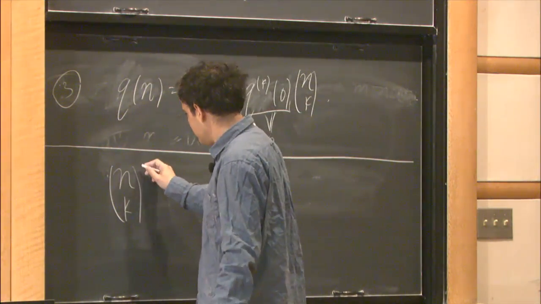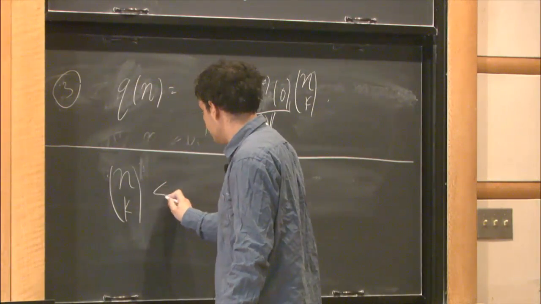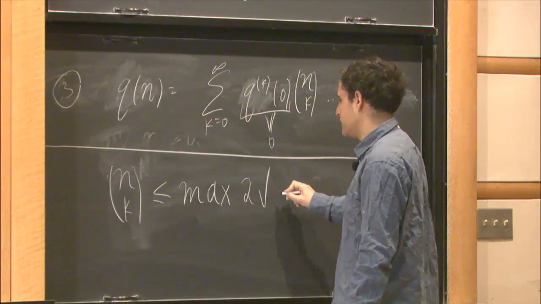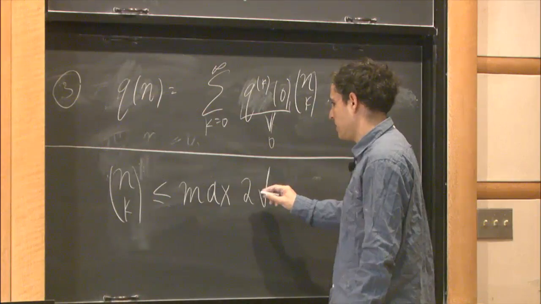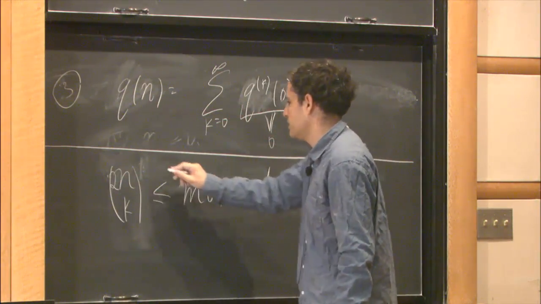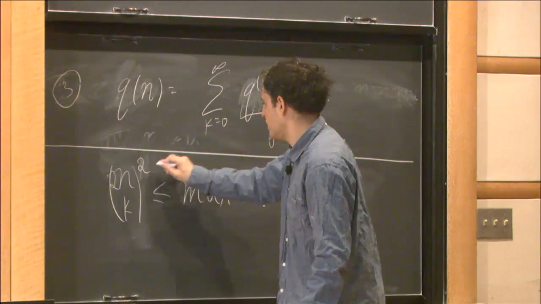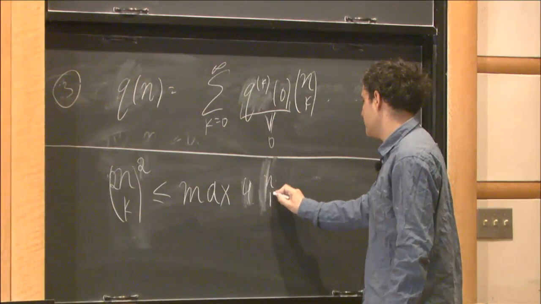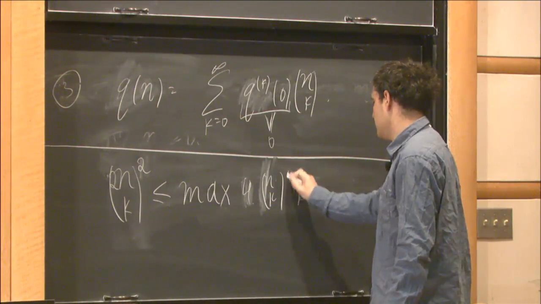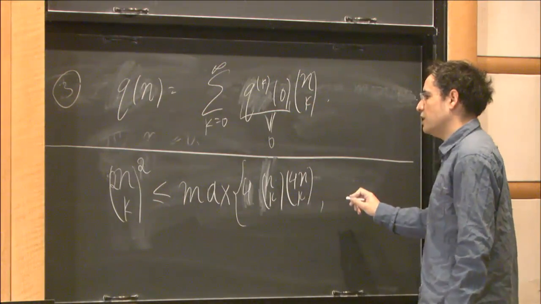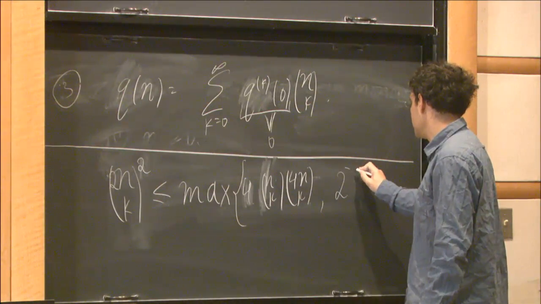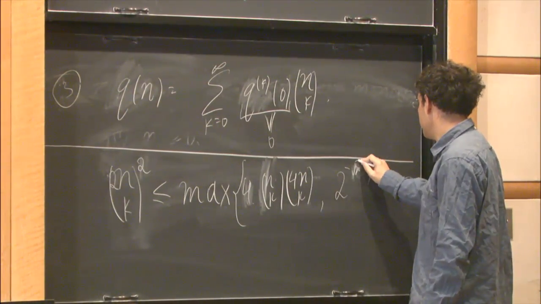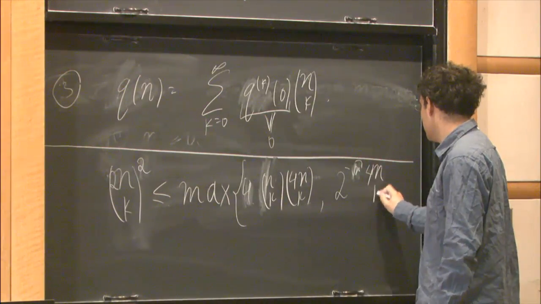One can check that n choose k is smaller than the maximum of 4 times n choose k, and 2 to the power minus k, for n choose k, and 2 to the power minus square root of n for n choose k.